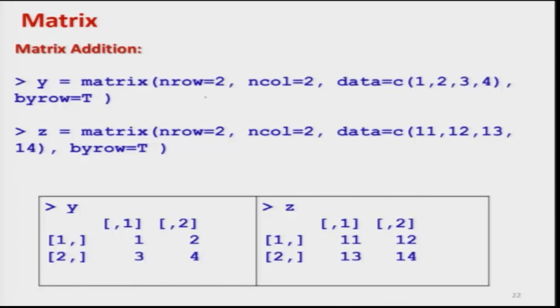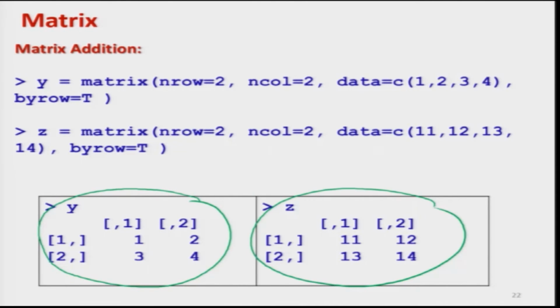Now let me take one more example with the same matrices y and z that we created earlier to show the addition and subtraction operations. Earlier I had created these two matrices y and z of order 2 by 2, using the data sets 1, 2, 3, 4 and 11, 12, 13, 14.